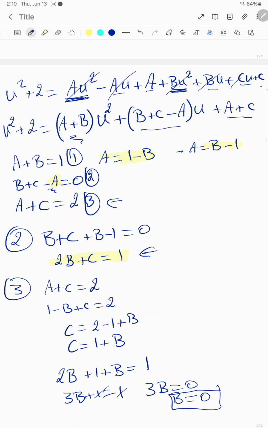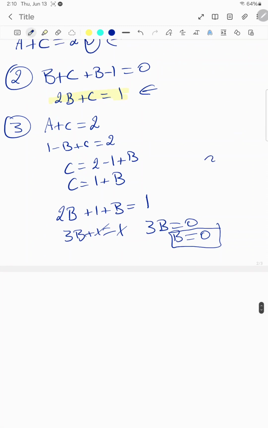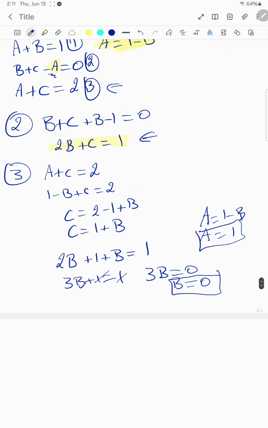And if b is equal to 0, I know a equals 1 minus b, so a equals 1 minus 0, which is 1. And in formula number 3, a plus c is equal to 2, and I know a is equal to 1, so 1 plus c is equal to 2, that means c is equal to 1.